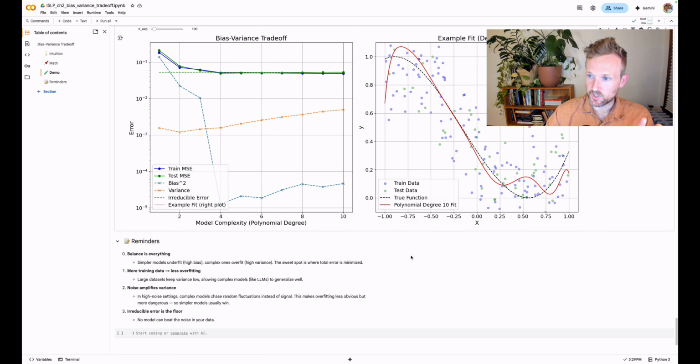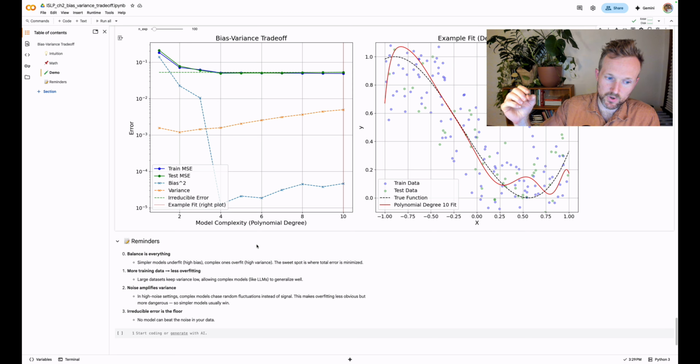Okay, so let's wrap this up with these reminders. There are 4 reminders here that I've given for the bias variance trade-off. The first one is balance is everything. We want to find that Goldilocks zone, not too simple, not too complex, just right. The second is more training data means less overfitting.